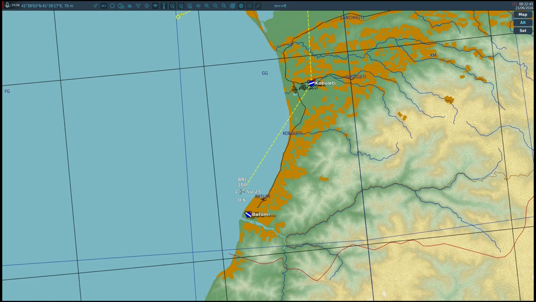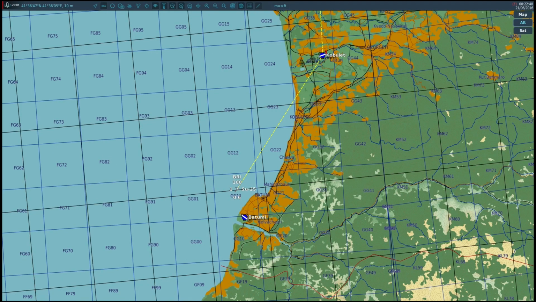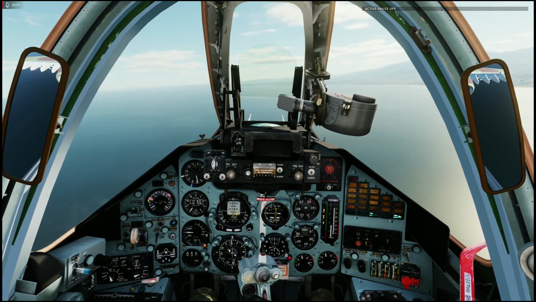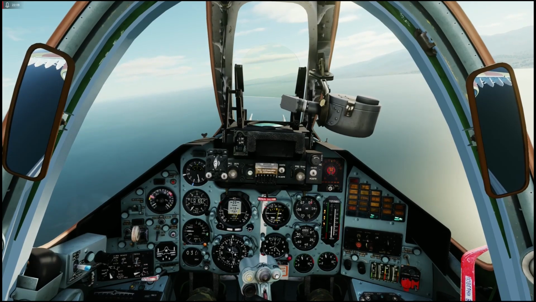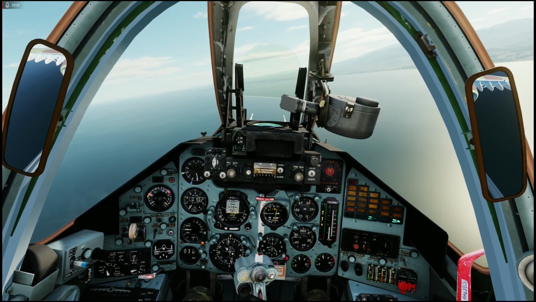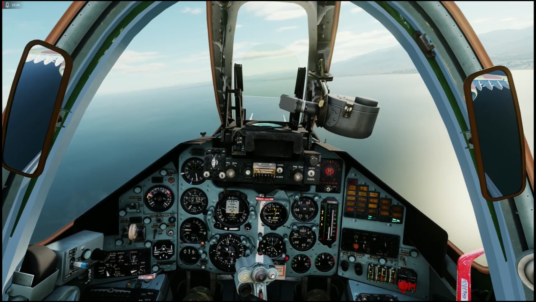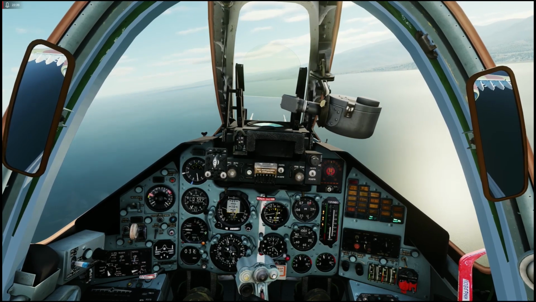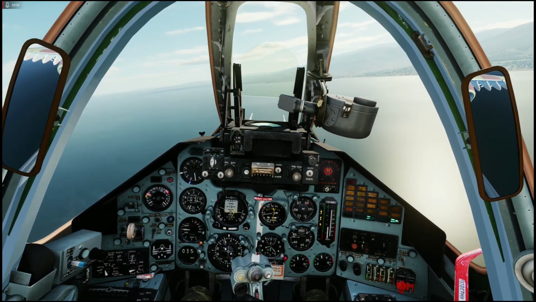If you take a look at the F10, my course was from Batumi directly to Coppoletti, so I need to go a bit to the right, cut that, and then to Coppoletti. So slowly to the right, just a little bit, don't overdo it, just slowly, you have plenty of time.